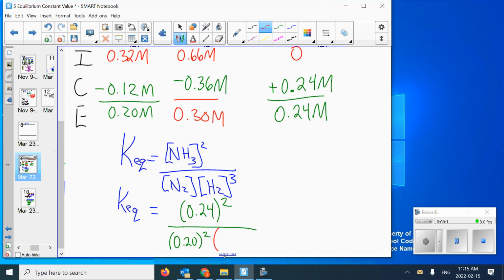I did not do that one right, just saying. No exponent on that 0.2, that's the answer for N2. H2 has a cube, so 0.3 cubed.